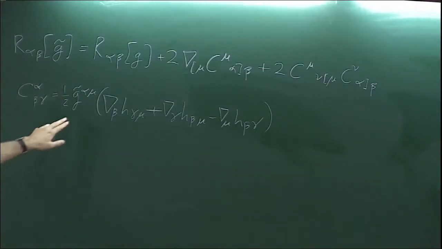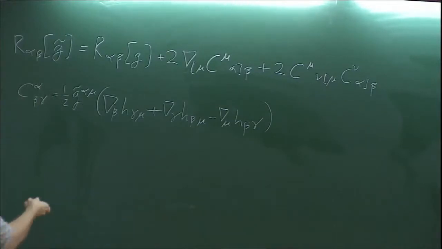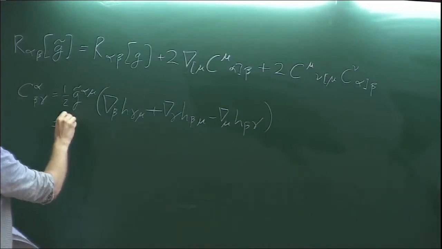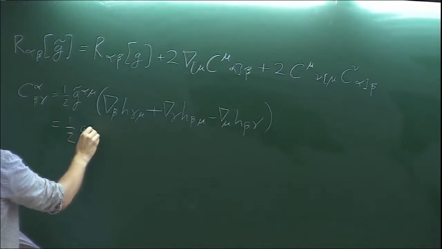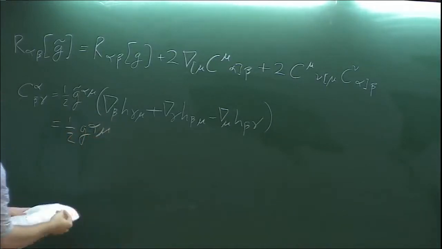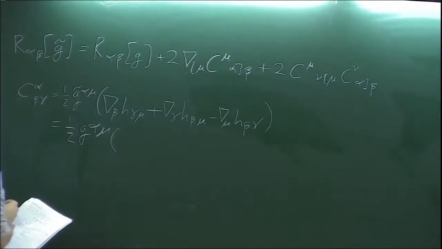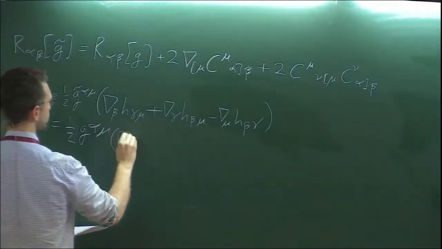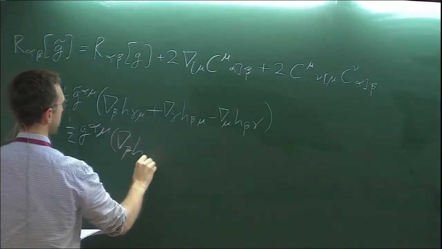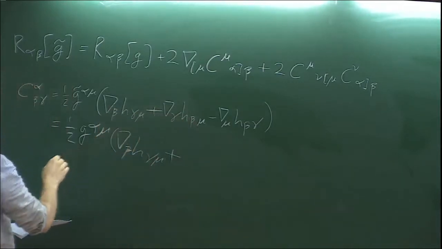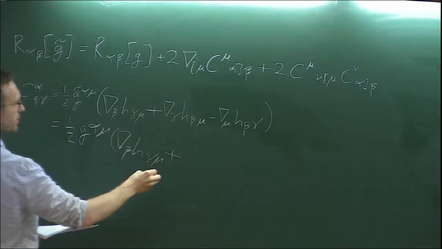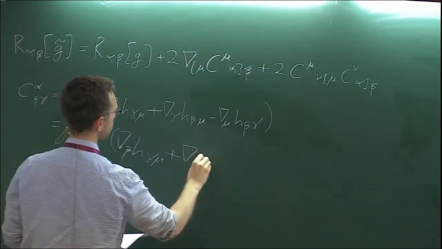Now the first thing to notice here is that if we just replace this exact metric inverse with the background metric, then that gives us the leading order approximation. This is already linear in h, so any correction to this is going to be order h squared.